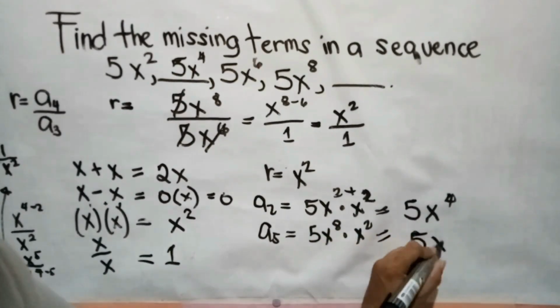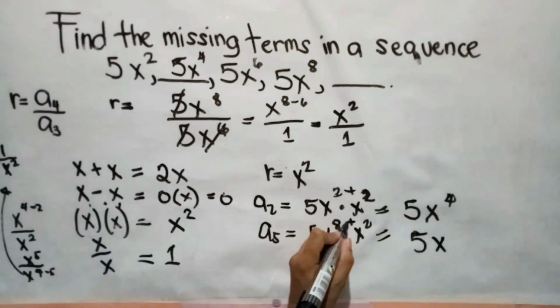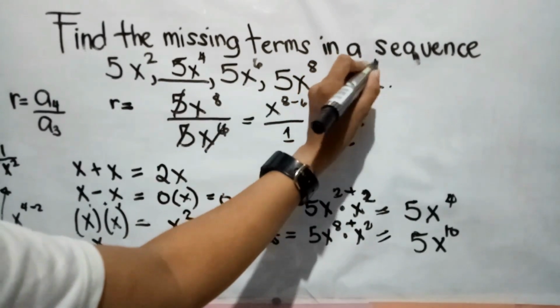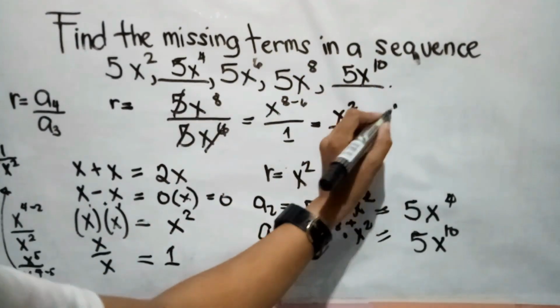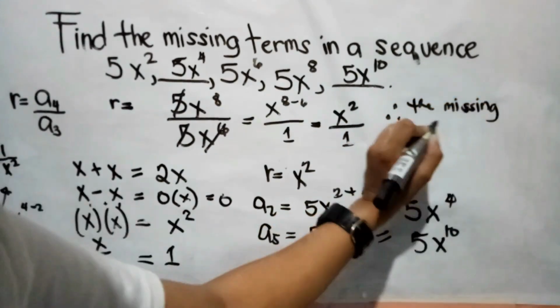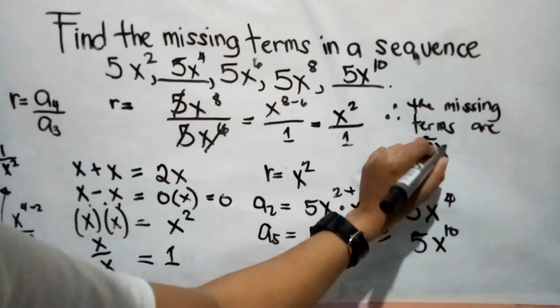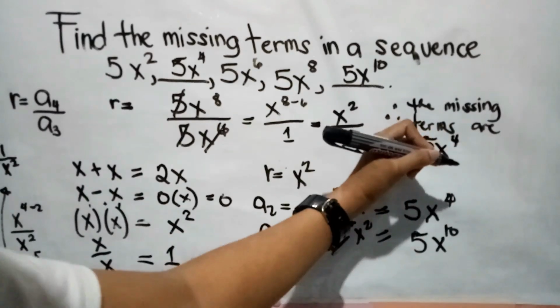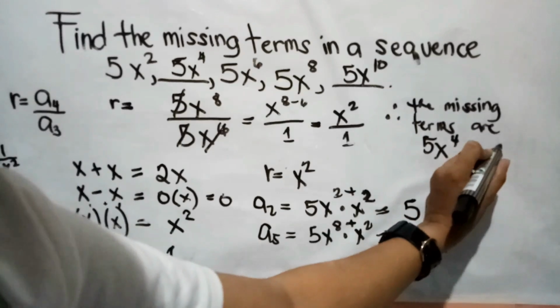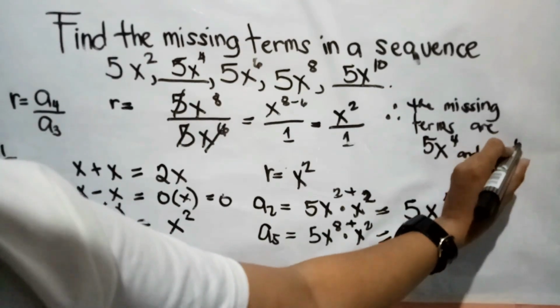Copy the base, which is x. Then 8 plus 2 is equal to 10. So we have 5x raised to 10. Therefore, the missing terms are 5x raised to 4 and 5x raised to the 10th power.